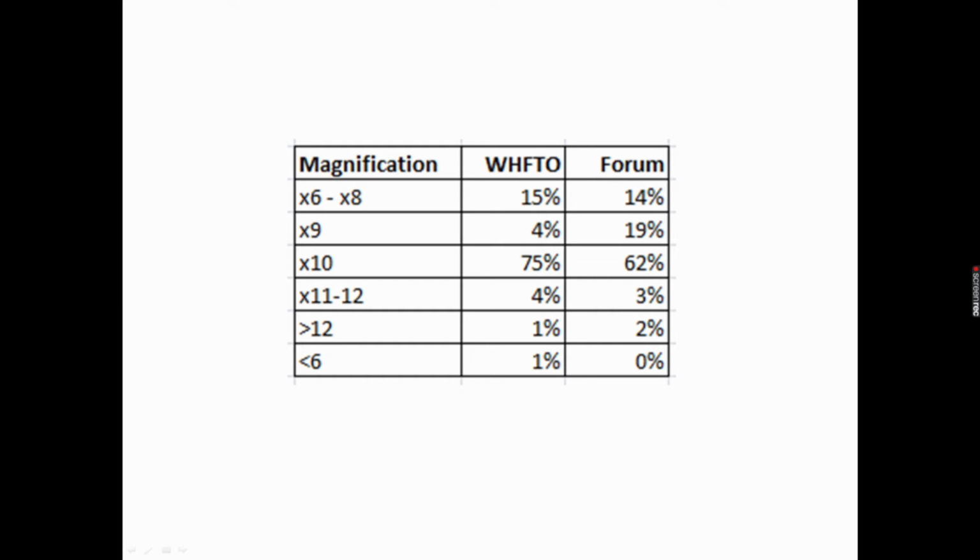As you can see, down the left hand side we've got 6 times to 8 times, we've got 9 times, we've got 10 times, 11, 12, greater than 12, less than 6. You can see we've got one column showing the percentage of people that use a specific magnification that were competitors in the World HFT Championships, and in the right hand column from the online forum.